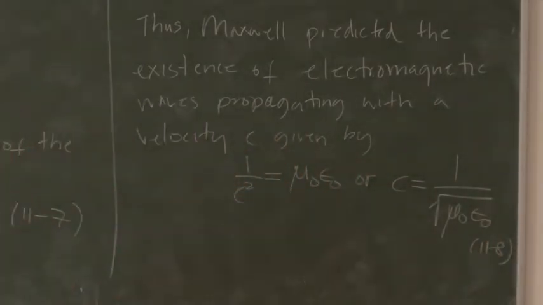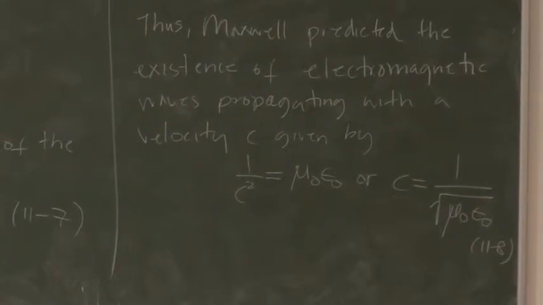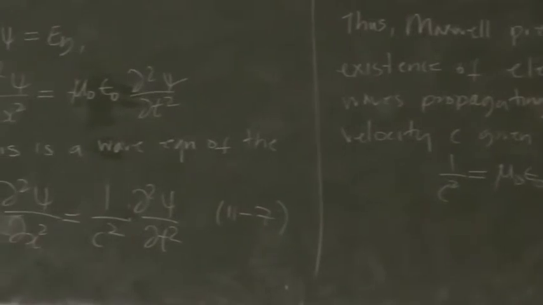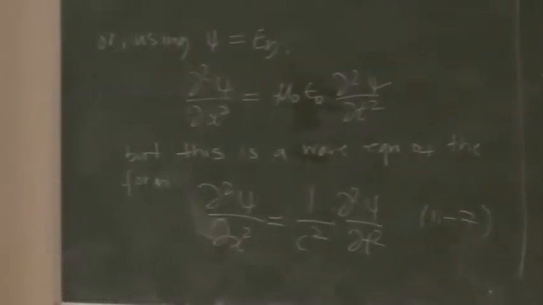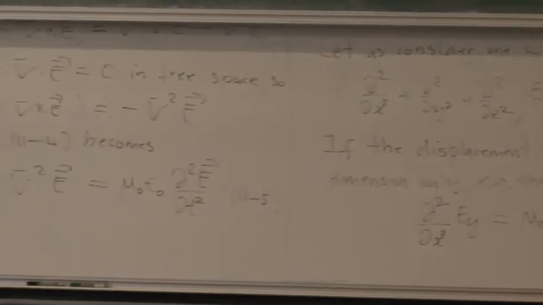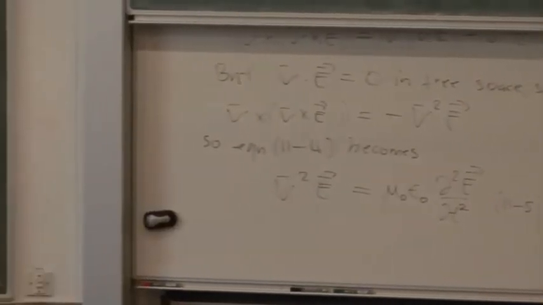And so, back to this board. Of course, he wasn't working at the time in SI units, but we now use SI units. Mu naught is, to 3 significant figures, usually written in henries per metre.